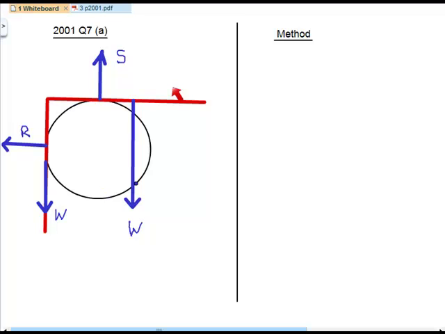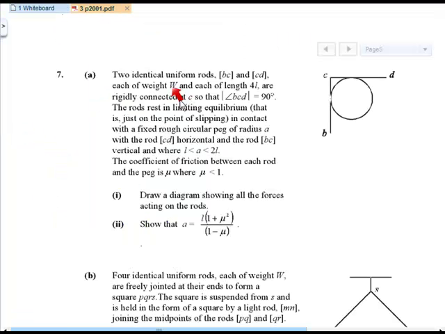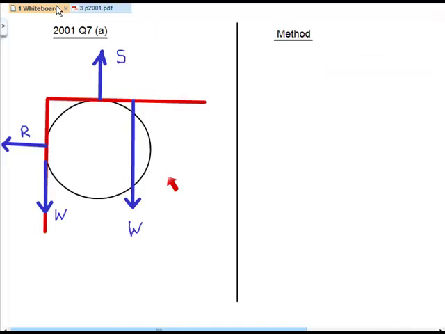And lastly, there is friction. It's on the point of slipping, and it's a rough circular peg, so quite clearly there's going to be friction. The coefficient of friction is the same for both rods, it's mu. Again, visualizing is the key. Which way would the rod slip if it was going to move?